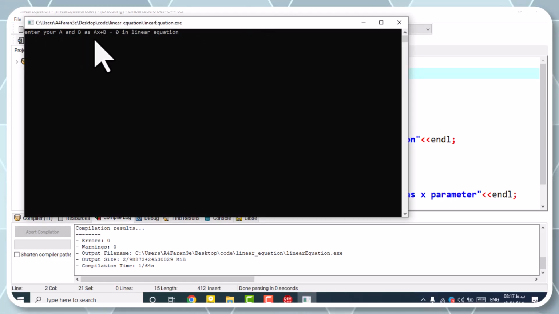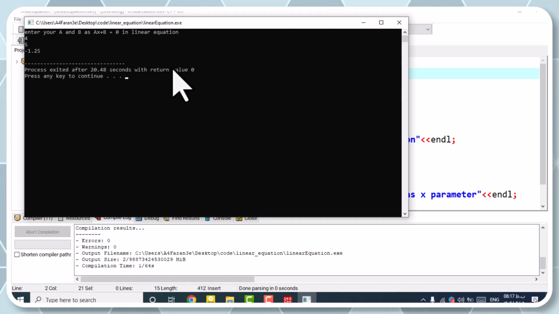Enter your a and b as ax plus b is equal to 0 in linear equation. So I enter the number a as 4 and the number b as 5 and see that the answer is minus 1.25, because 4x plus 5 is equal to 0 and the answer is minus 5 divided by 4 that gives us minus 1.25. So the answer is correct.